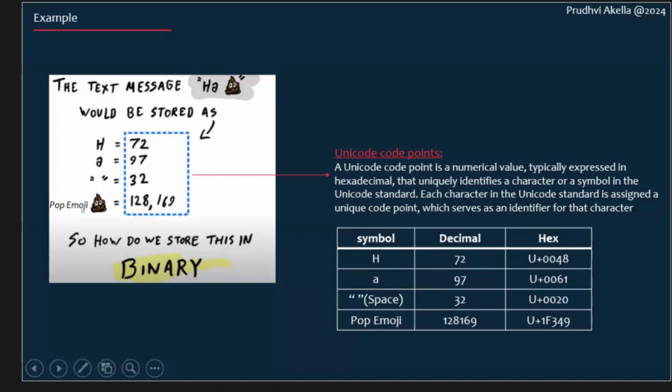Are you guys following what I'm saying? So ASCII doesn't have this poop emoji, but if you take Unicode, the decimal number for this particular poop symbol is 128169. Are you guys following me?